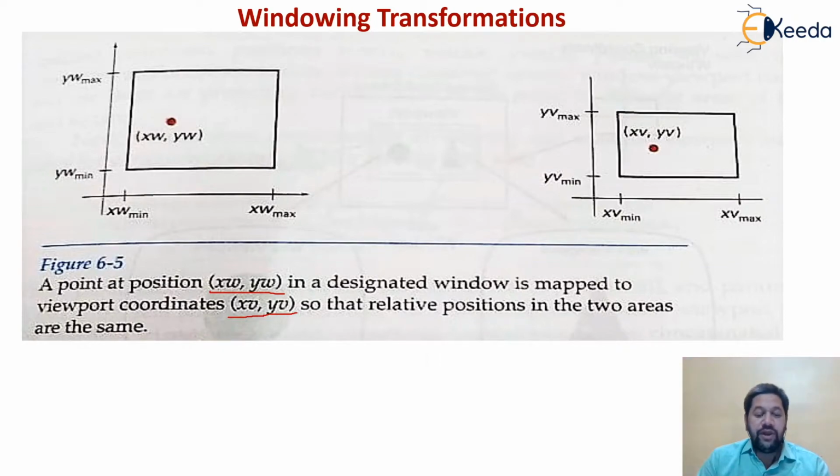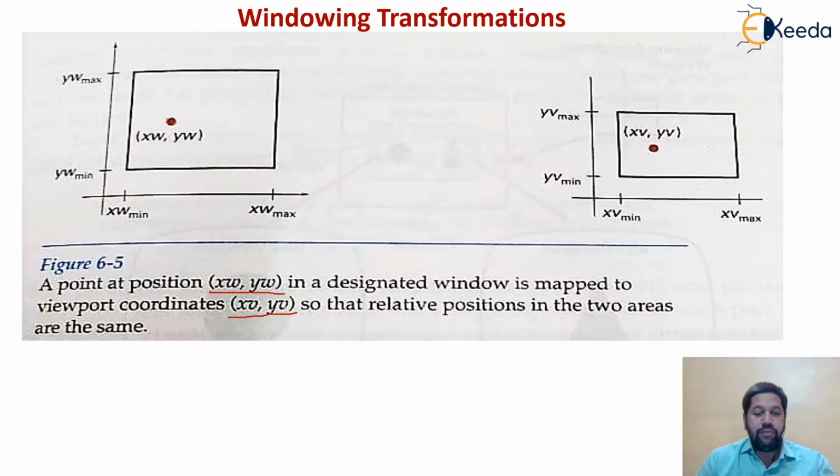Here xv and yv are the x and y coordinates of a viewport, where v indicates viewport, the area on my display screen or device coordinate system, so that relative positions in the two areas are the same.